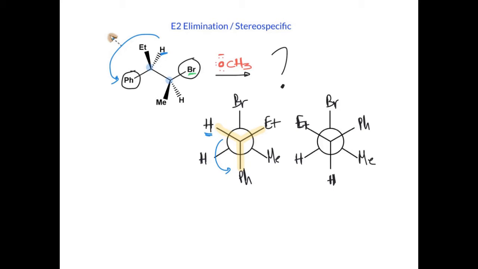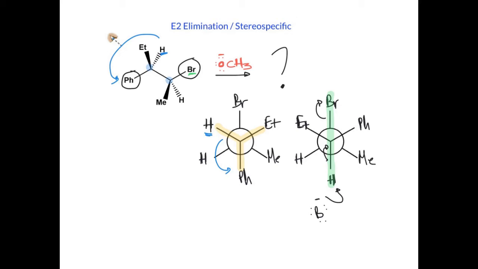And here we can clearly see that the bromine and the hydrogen are in anti-periplanar configuration, meaning that the base will abstract this hydrogen, electrons will be transferred to form the double bond, and the bromine will leave as a good leaving group.